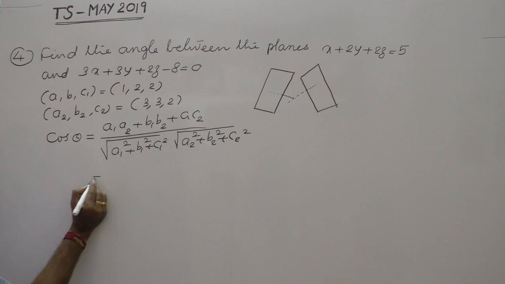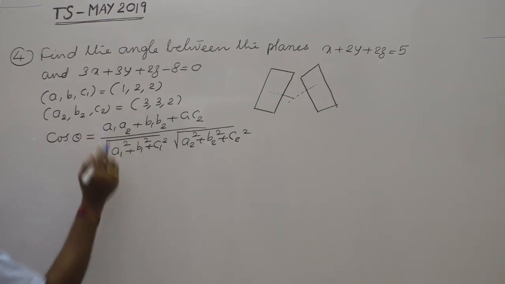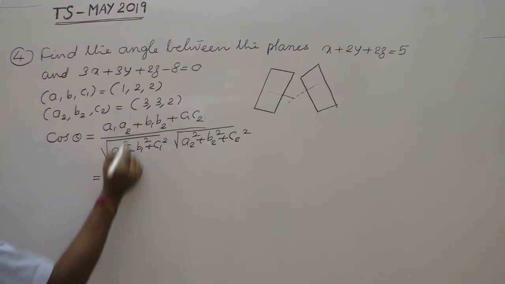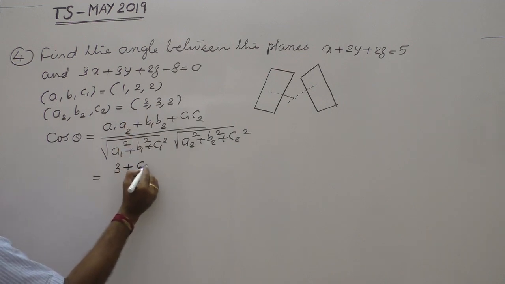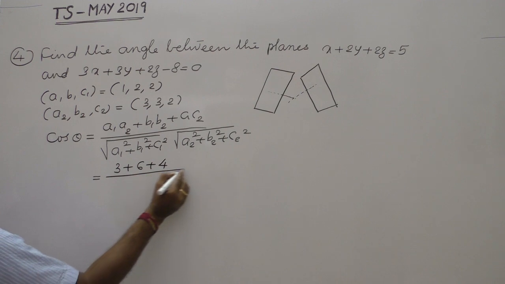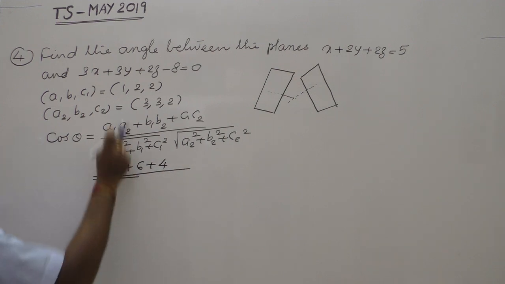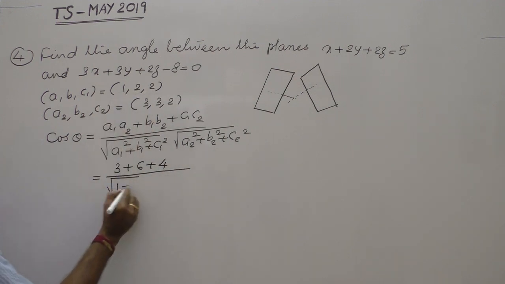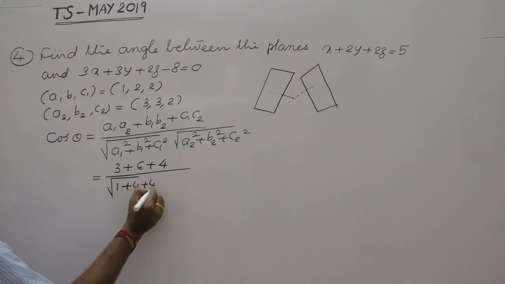We will substitute the values. A1 A2 is 3, B1 B2 is 6, C1 C2 is 4, by root over A1 square plus B1 square plus C1 square, which is 1 plus 4 plus 9.